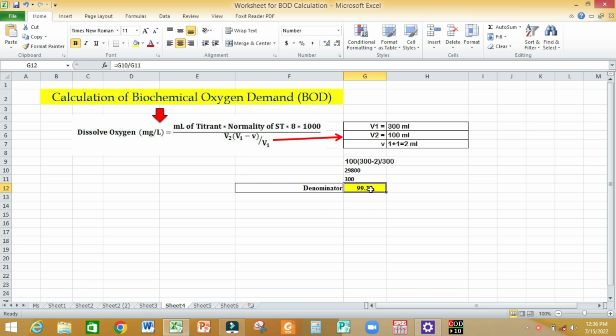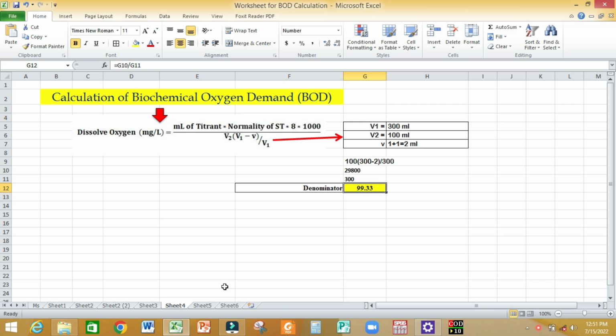Now once you have completed with this, next let's see the numerator component of the dissolved oxygen formula, and it is the ml of the titrant. So ml of the titrant will be the burette reading, and normality of sodium thiosulfate will depend on whether you standardized the sodium thiosulfate or you did not.